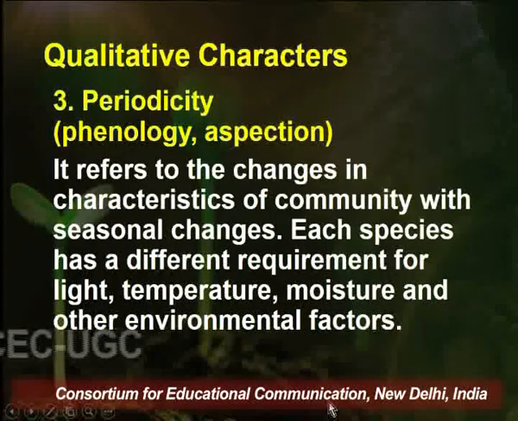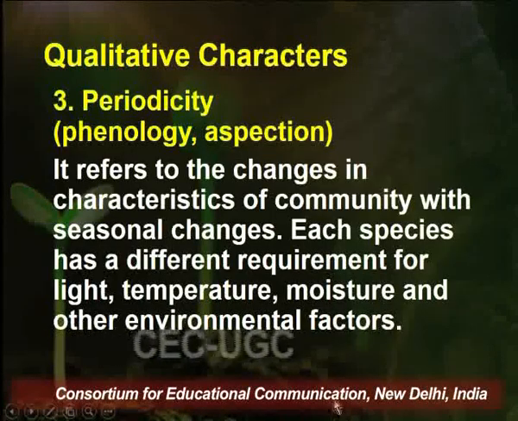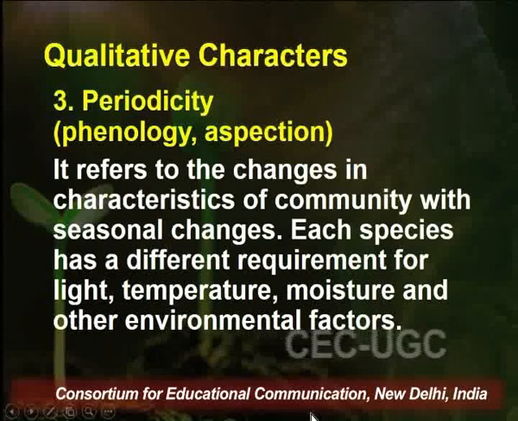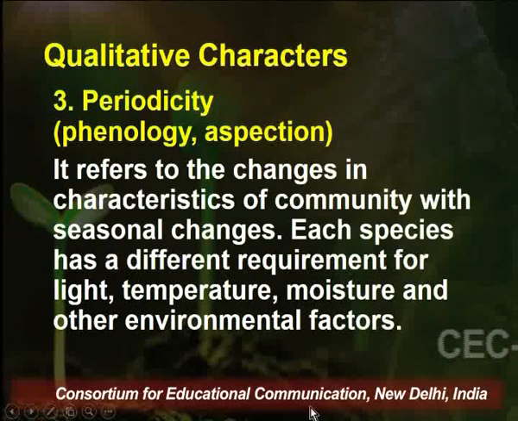The third characteristic is periodicity. It refers to changes in characteristics of a community with seasonal changes. Each species has different requirements for light, temperature, moisture and other environmental factors. Accordingly, the period of growth events such as seed germination, vegetative development, flowering, fruiting, that is the reproductive phase, fruit and seed dispersal and seed dissemination varies for each species.